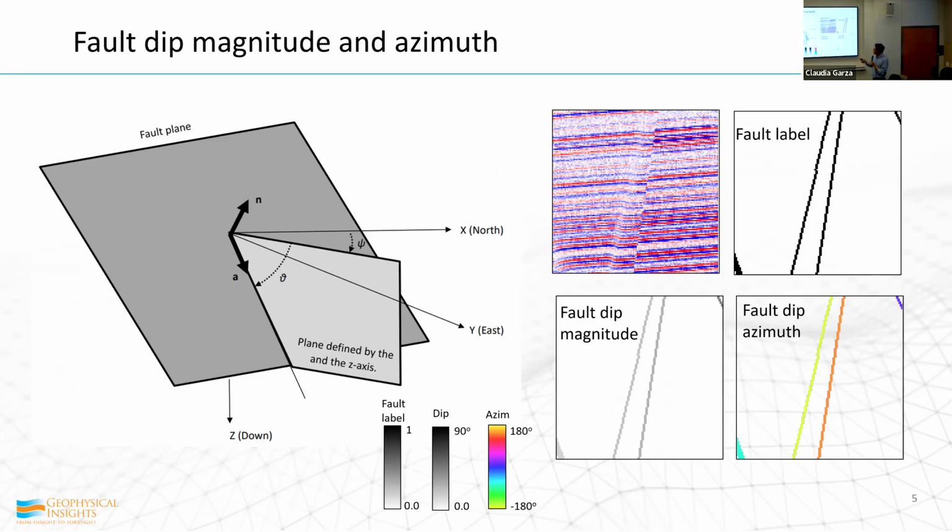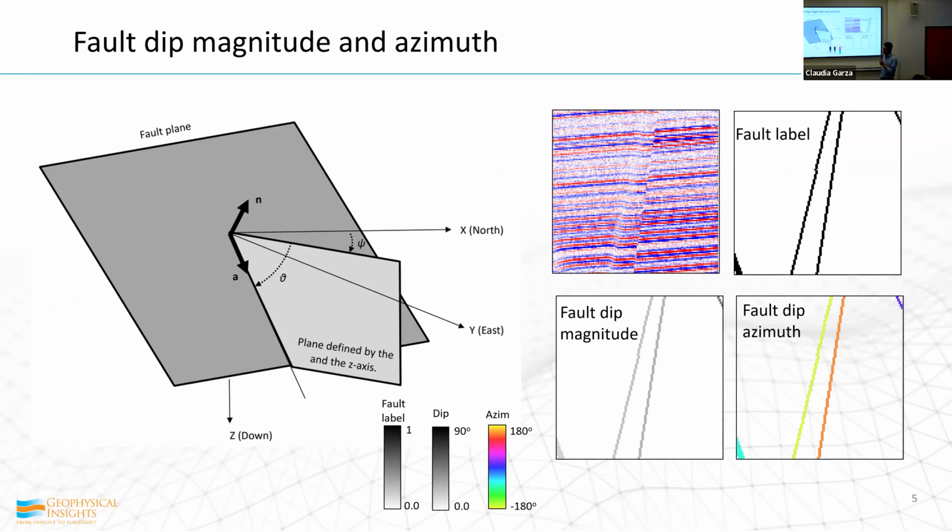So for dip magnitude and azimuth, here I show a fault plane and how I define the dip magnitude. The dip magnitude is the angle between the normal vector of the fault and the normal down vector. So this is the angle theta. If we have a vertical fault, that means we have 90 degrees for dip magnitude.